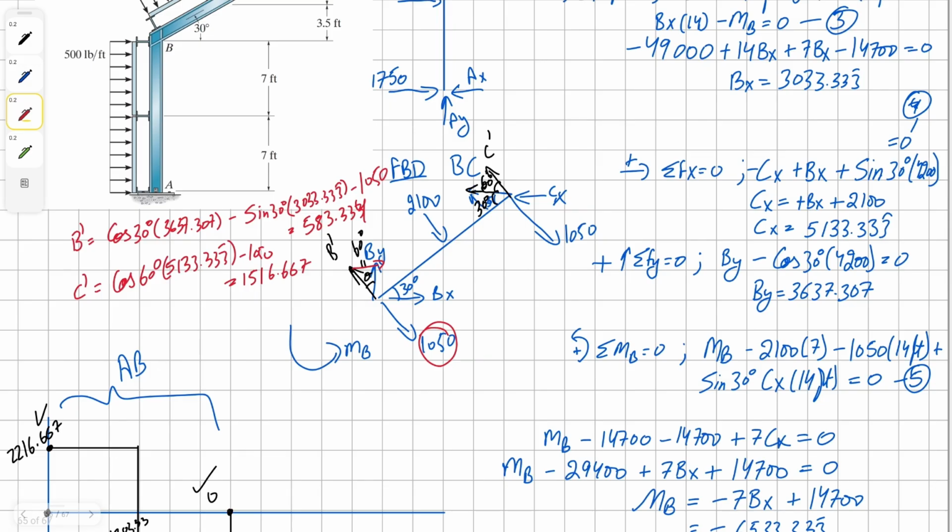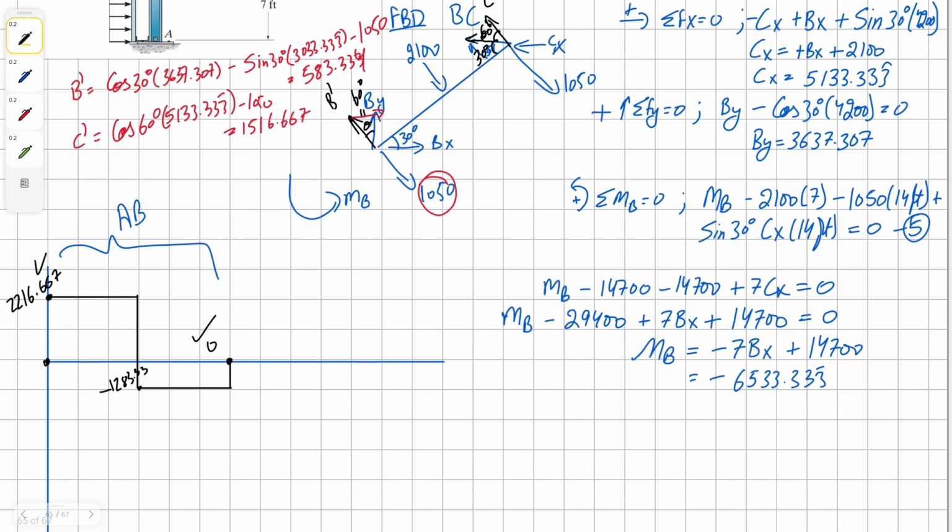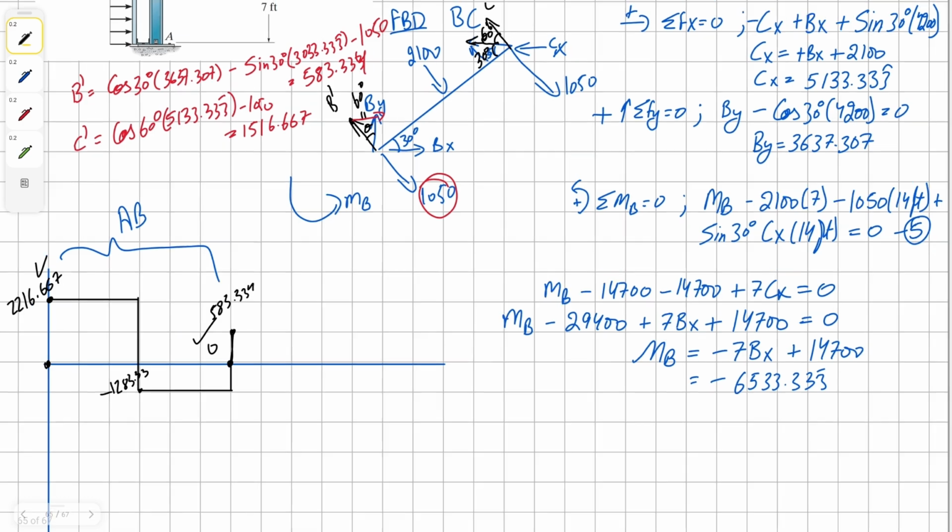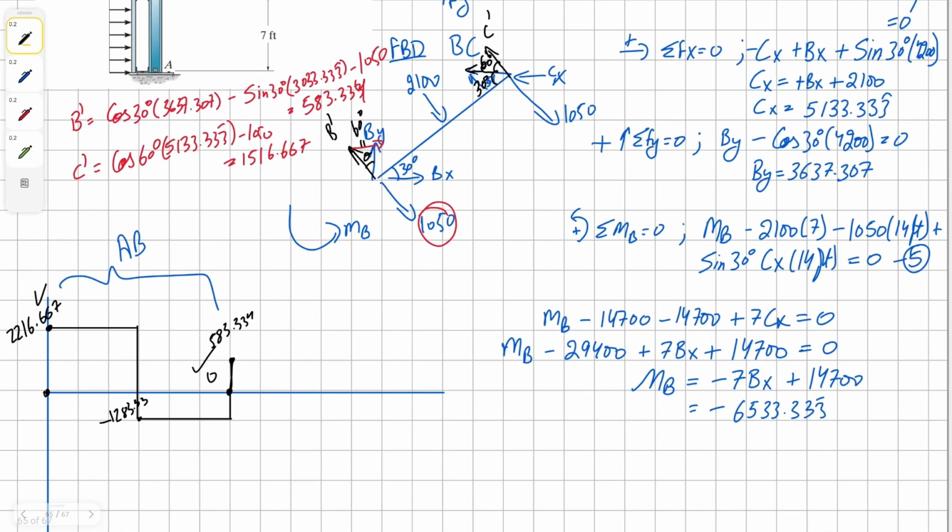Now we can get back to our shear diagram. So our B prime, which we found to be positive 583.334, takes us upwards. And then from there, nothing's happening for next 7.